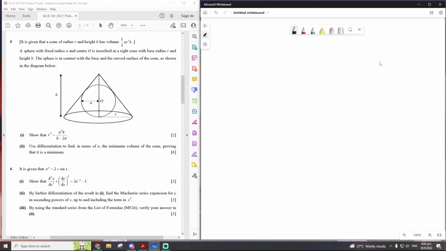Okay, to question 5, which is differentiation applications. We have a sphere inside a cone. We need to show the identity for r squared. This is probably similar triangles.